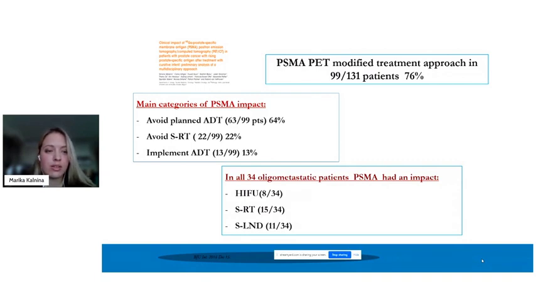The main categories of PSMA impact were to avoid planned ADT in 64% of patients, to avoid salvage radiotherapy in 22%, and to implement ADT in 13%. And in all 34 oligometastatic patients, PSMA had an impact on HIFU, on salvage radiotherapy, and on salvage lymphadenectomy.